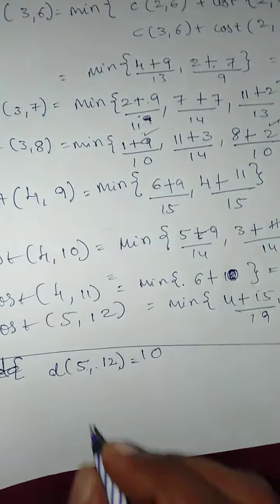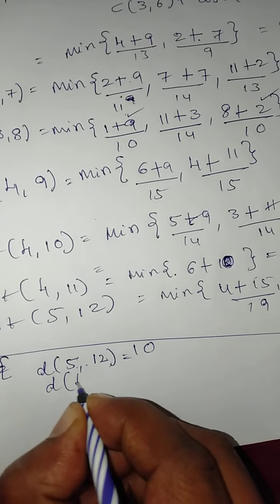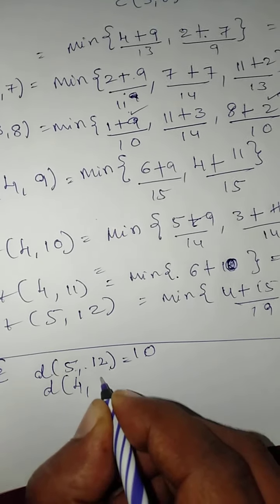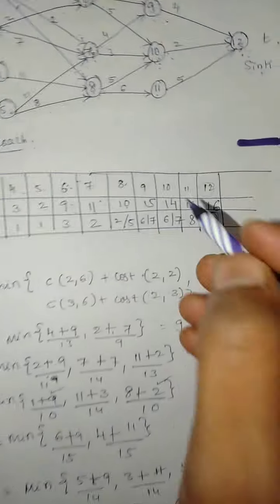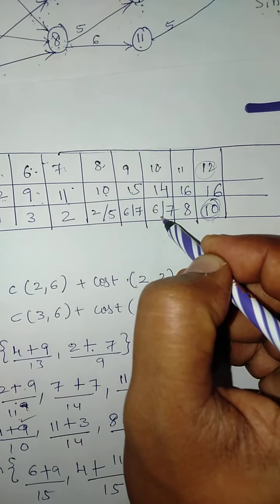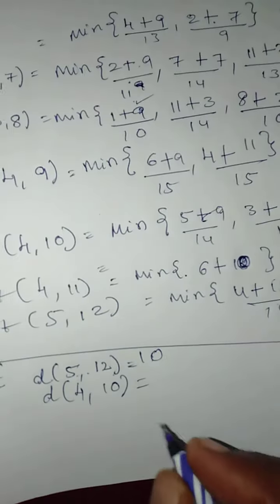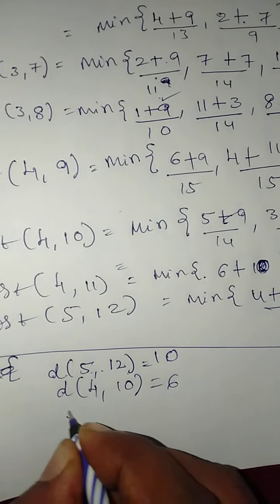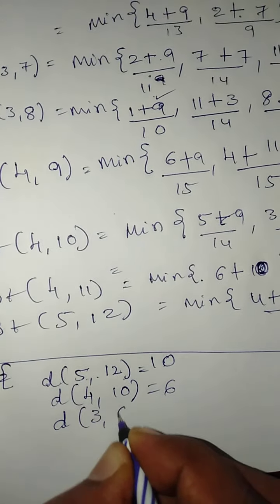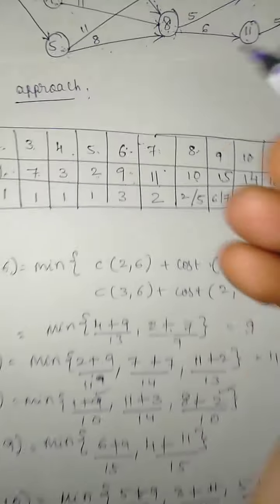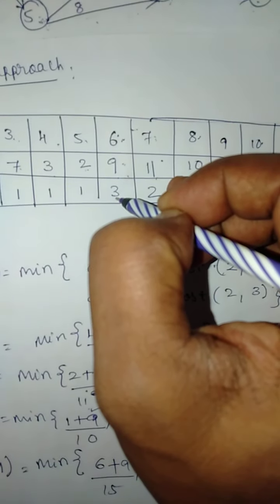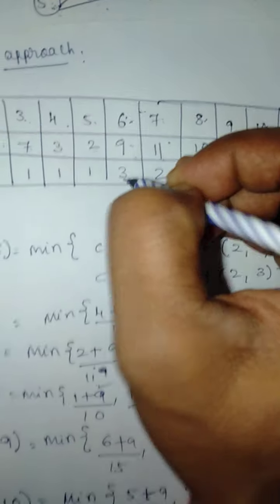Next, d of stage 4, this vertex 10. For vertex 10 the previous is either 6 or 7, so I will just go for 6. Next, d of stage 3 vertex 6: for vertex 6 the previous vertex is 3.